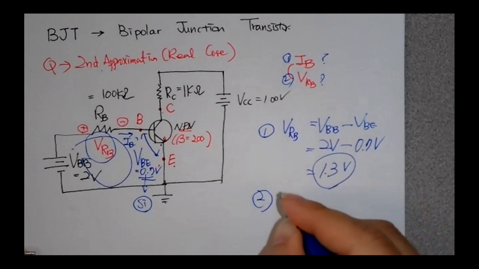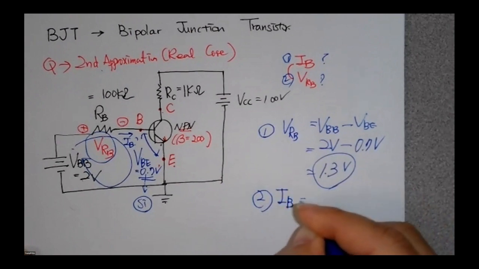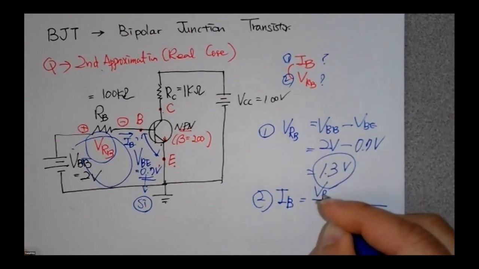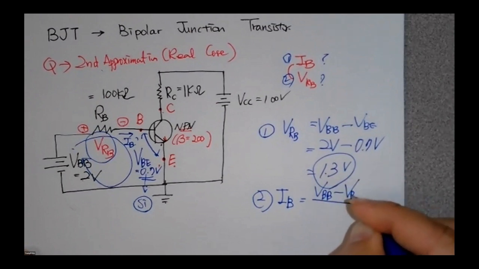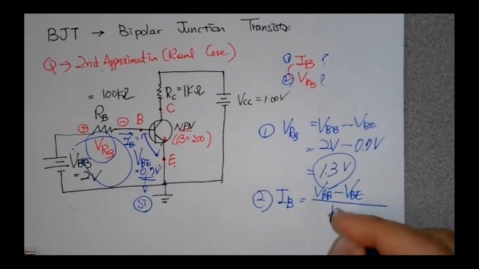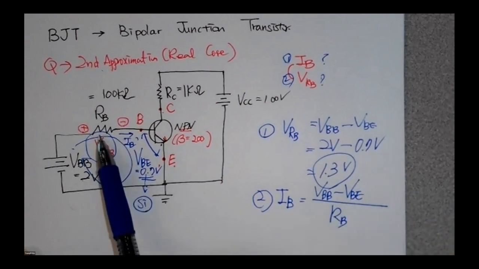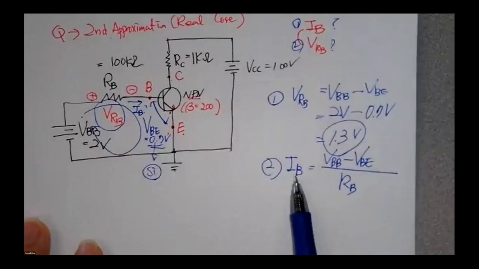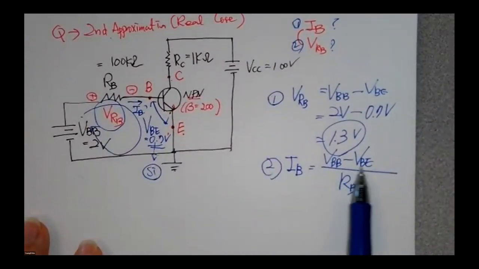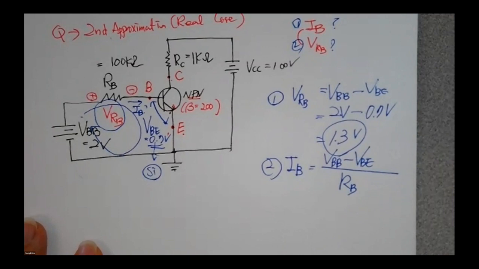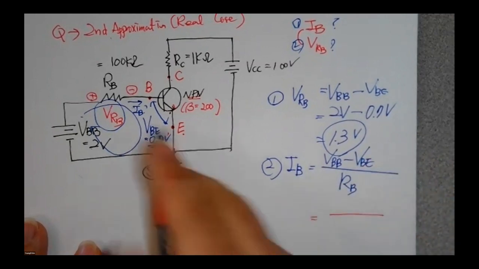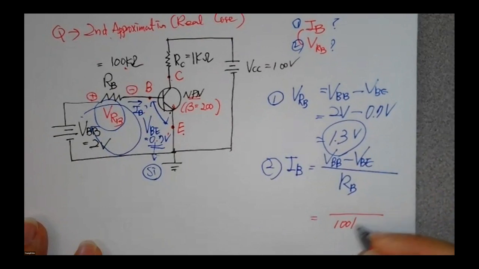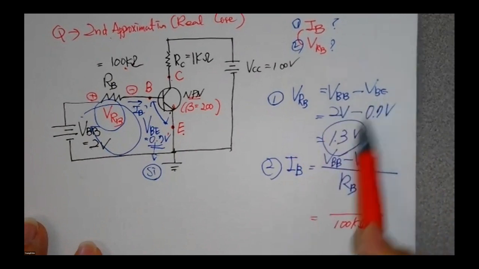So I sub B is V sub BB minus V sub BE divided by the resistor, R sub B. R sub B is 100 kilo ohm here, and V sub BB minus V sub BE is 1.3 volt.